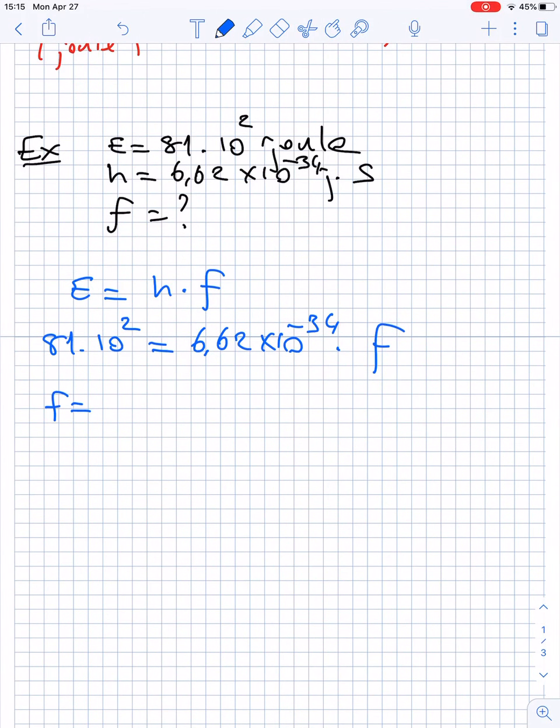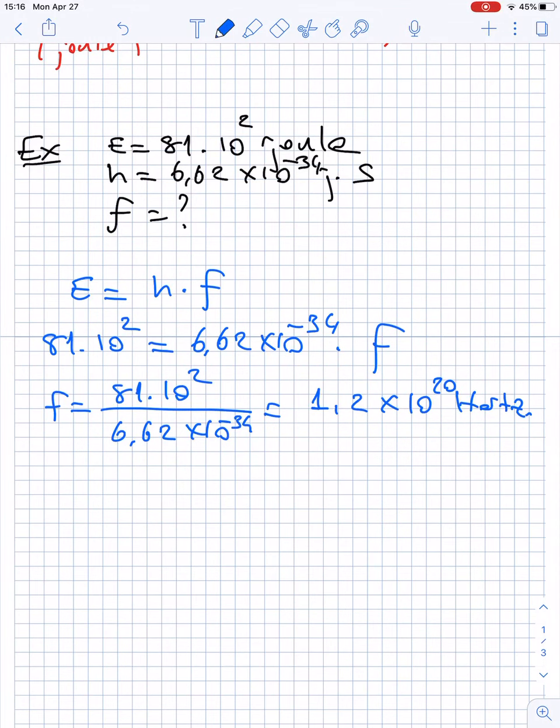After calculating, F is equal to 81 times 10 to the 2 over 6.62 times 10 to the power minus 34, and my result is 1.2 times 10 to the 20, unit is hertz.